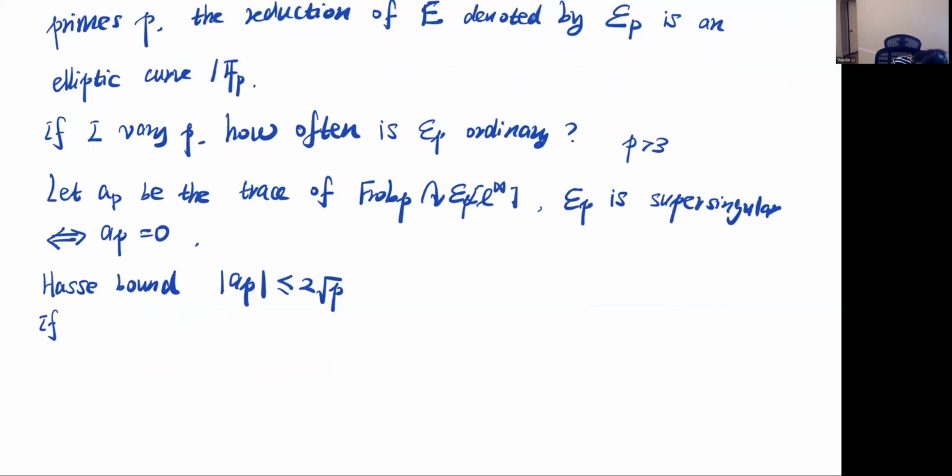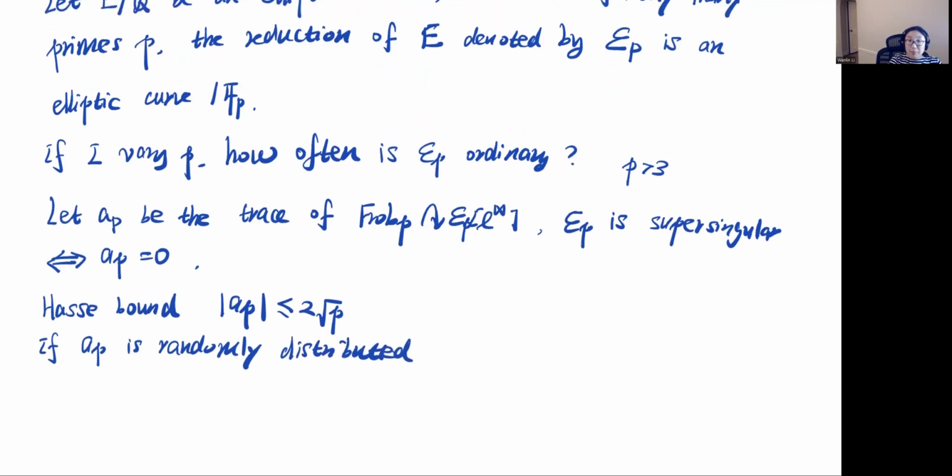So this means that if ap is randomly distributed, that is, if I vary the primes p, the number ap is randomly chosen in the interval from minus 2 square root p to positive 2 square root p, then the chance for ap equal to 0 should roughly be a constant times 1 over square root of p, because my interval is of the size of 4 times square root of p.